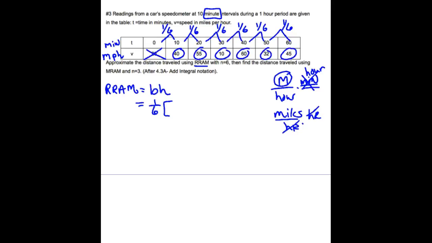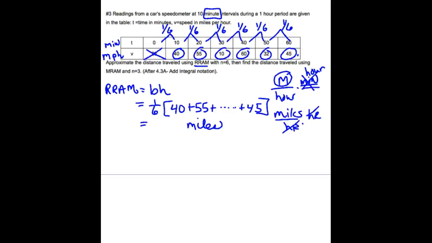And it'd be 1/6 times 40 plus 1/6 times 55 plus 1/6 times 10, but I'm going to factor that 1/6 out and just do 40 plus 55 plus ... plus 45. Had it said LRAM, I would have stuck to the left and never used the 45 over here. And again, you'd go to your calculator and the answer would yield an estimate for the miles traveled.